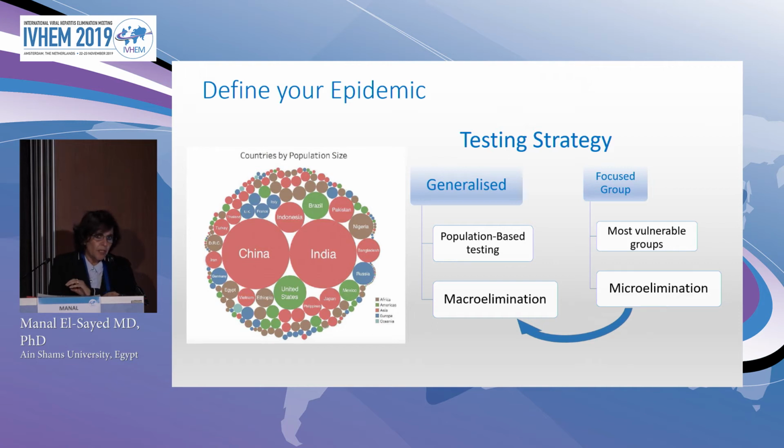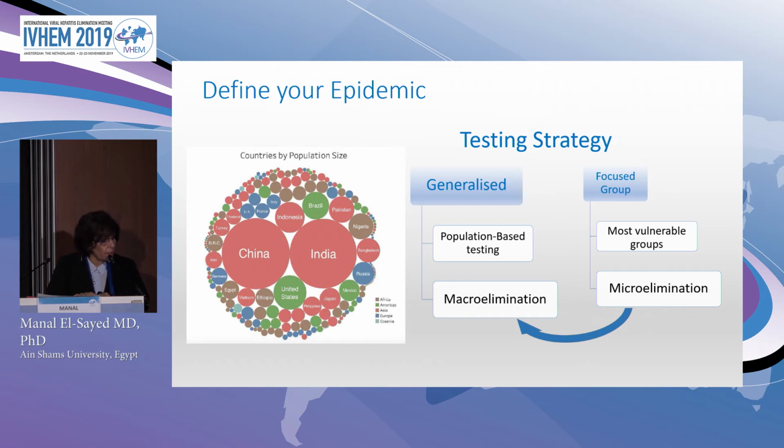So the first thing we need to do is define our epidemic. And you need to develop your testing strategy based on your epidemic. Of course, populations are different in size, and we need to know whether the epidemic is generalized or a focused epidemic. If generalized, you have to embark on population-based testing, and I'm going to show you an example with Egypt.